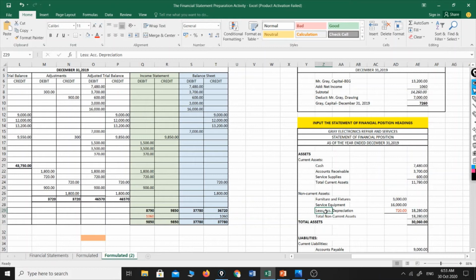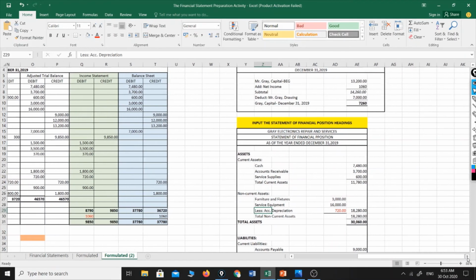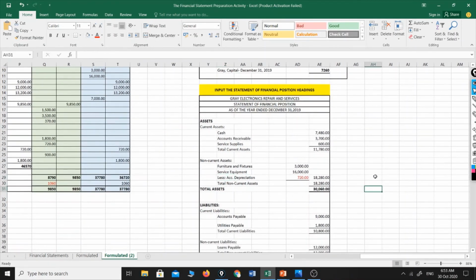So there is a specific accumulated depreciation for furniture and fixtures, and we also have accumulated depreciation for service equipment. If the recording is individual, your preparation will be like this.